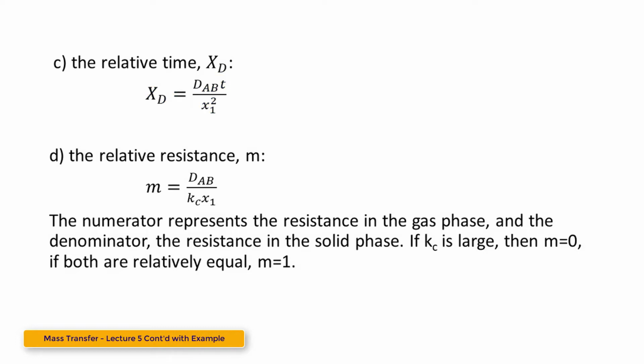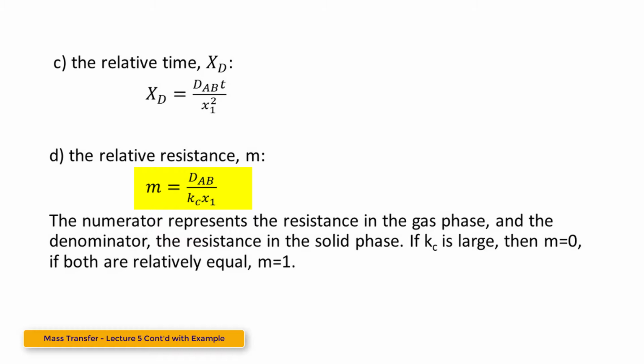Then we define the relative resistance m. As I said, resistance is 1 over the mass transfer coefficient. Okay, so it means 1 over Kc is the resistance in the gas phase, and 1 over DAB is the resistance in the solid phase. So that's why I said the numerator resistance, the resistance in the gas phase, because it's 1 over Kc, or maybe I've mixed them up here.